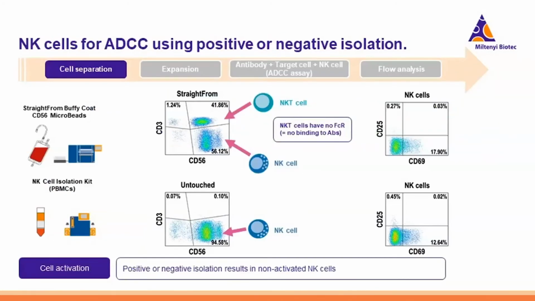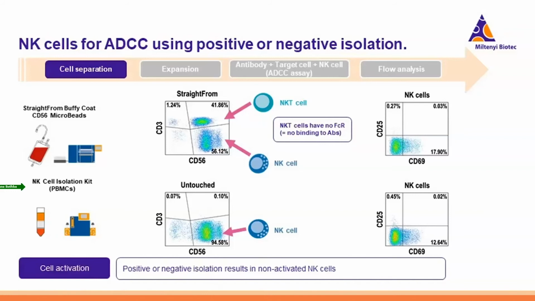And I just wanted to show you here that all this is solved with our kits. With the straight from Buffy coat CD56 microbeads, you can isolate your NK cells directly from blood, which saves you a lot of time and can also be done in an automated manner. But of course, you can also use the NK cell isolation kit to isolate your NK cells from PBMCs and also do that in an automated way.